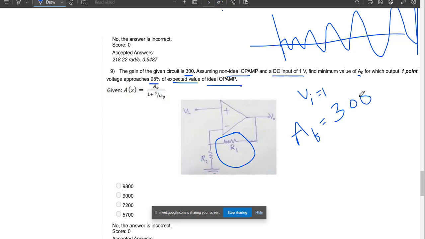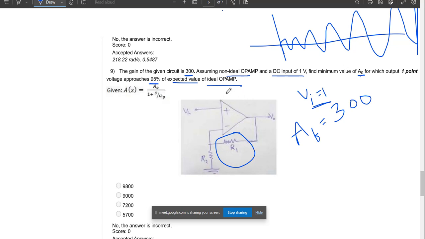This is a non-ideal op-amp, and the DC input is equal to 1 volt. Find the minimum value of A0 for which the output voltage approaches 95% of the expected value of an ideal op-amp.